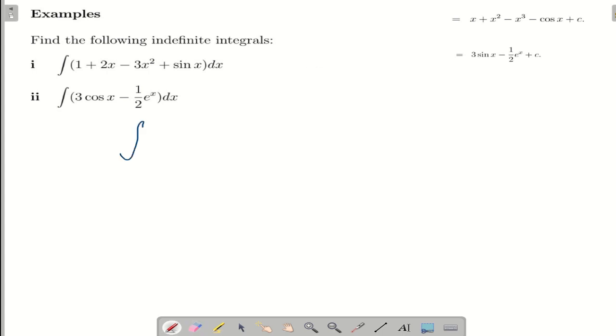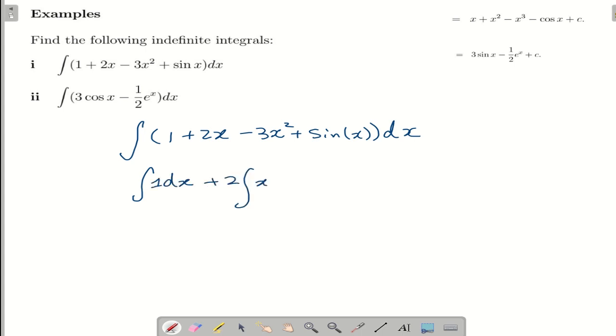If we want to integrate 1 plus 2x minus 3x squared plus sine x with respect to dx, we have the integrations of 1 dx plus 2x dx minus 3 times the integration of x squared dx plus the integration of sine x dx.